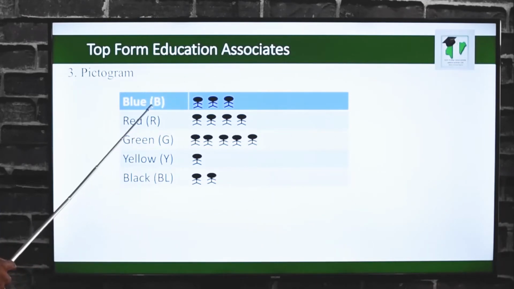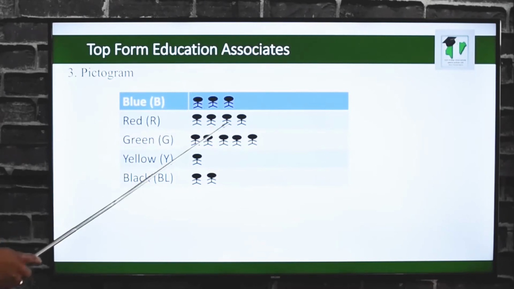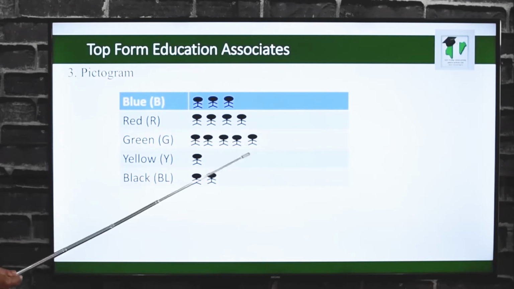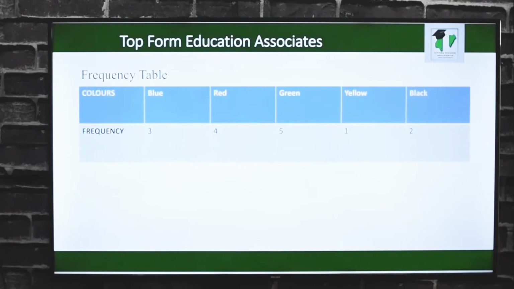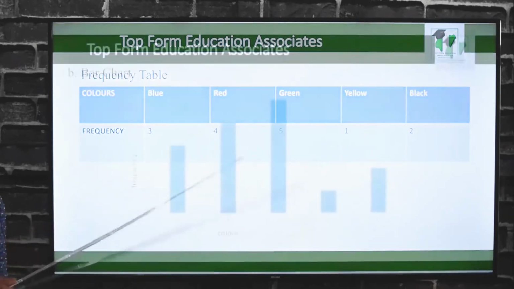The frequency for blue, 3 women. 4 women chose red as their favorite color. 5 chose green. 1 woman prefers yellow, and 2 like black. So prepare the frequency table, and that is this.